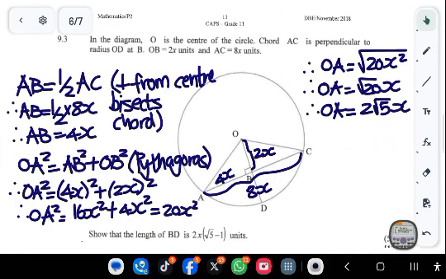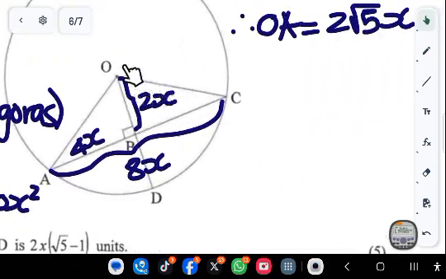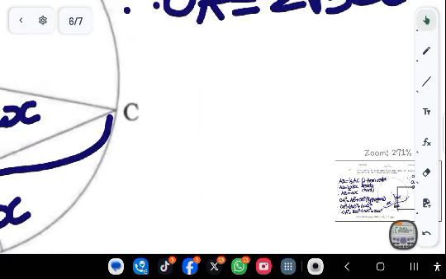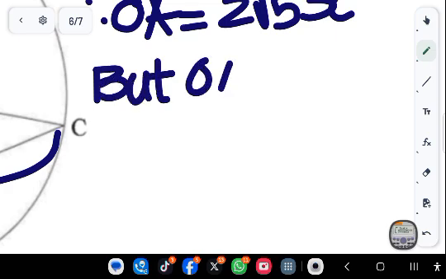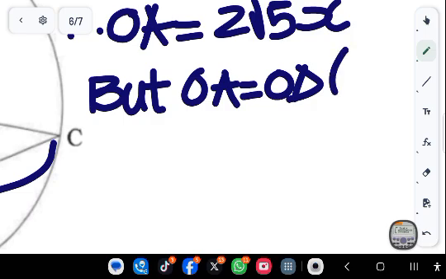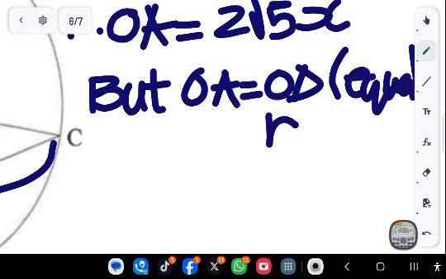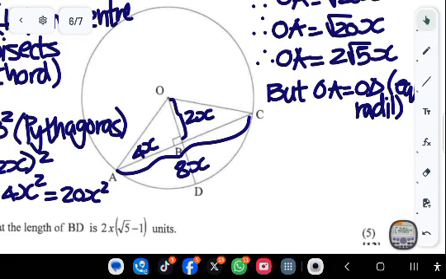But OA equals OD, and the reason is equal radii. Now therefore BD will be equal to OD minus OB.